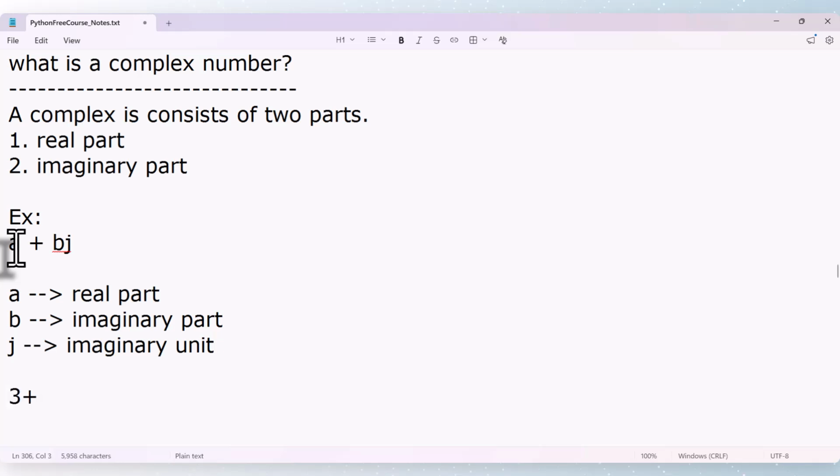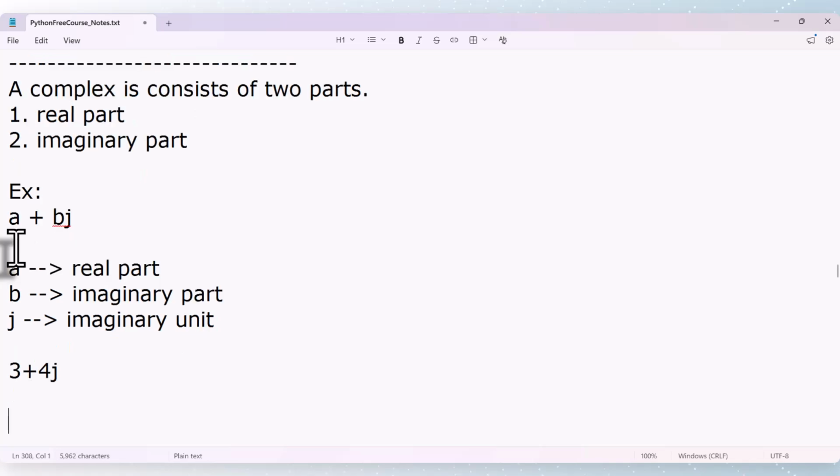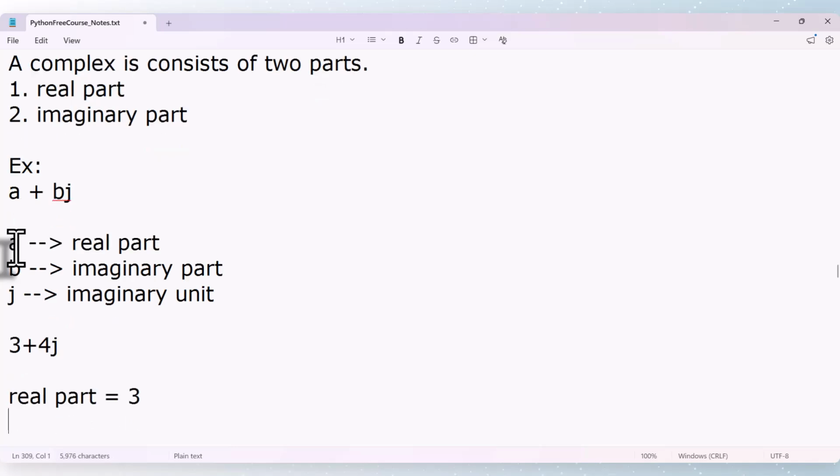If I take an example, 3 plus 4j is a complex number. In this, the real part is 3 and the imaginary part is 4. You can create complex numbers using this format.